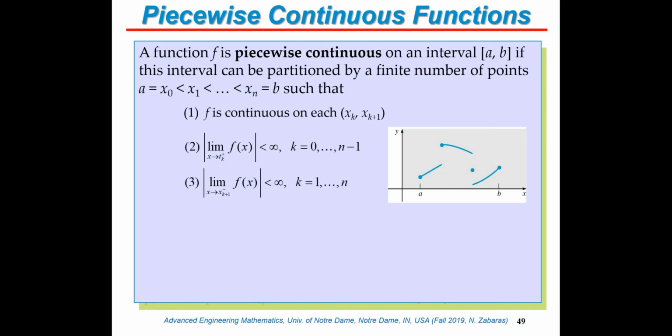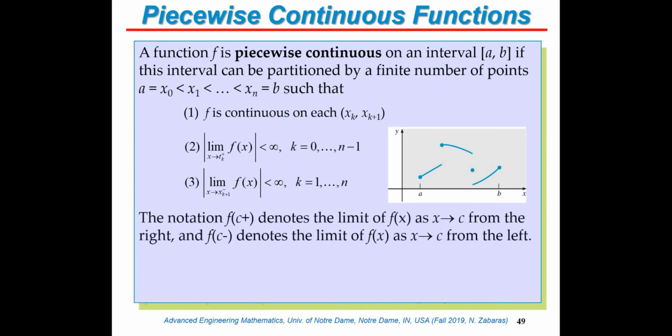So if we have these properties 1, 2, and 3 satisfied, then we call this function f of x piecewise continuous. So for these functions, if we have a discontinuity like you see at this point, you can define the value of the function on the right and the value of the function on the left.